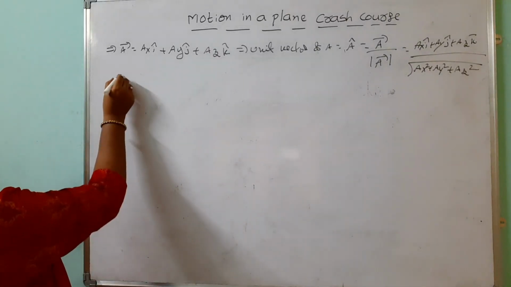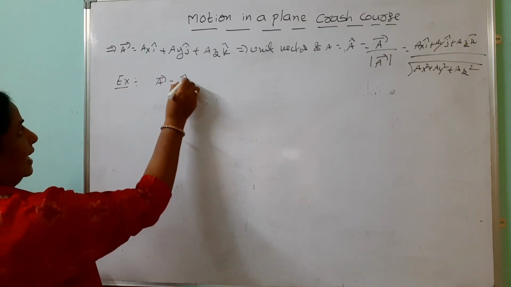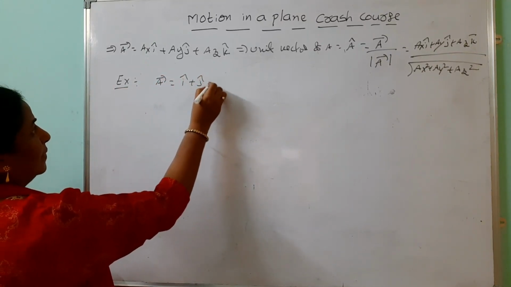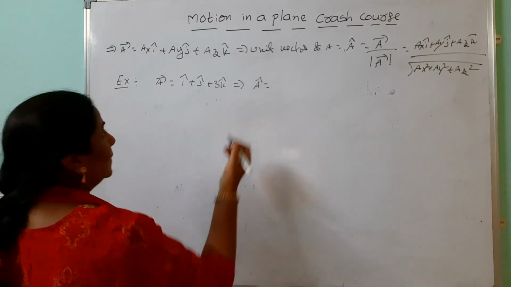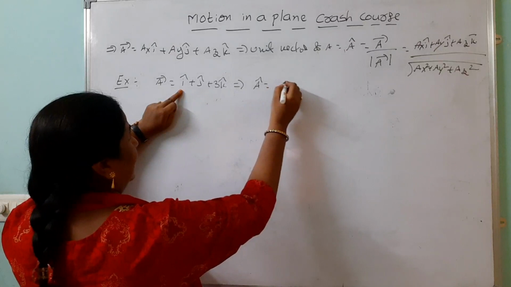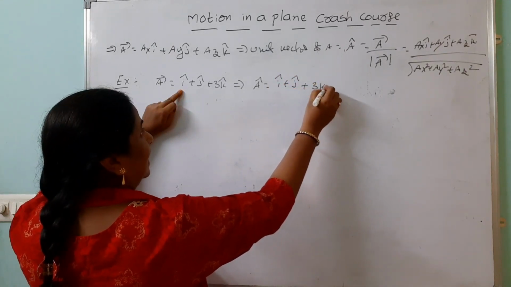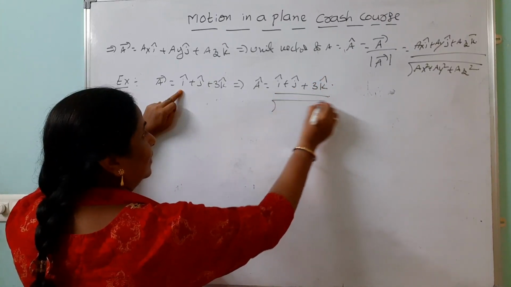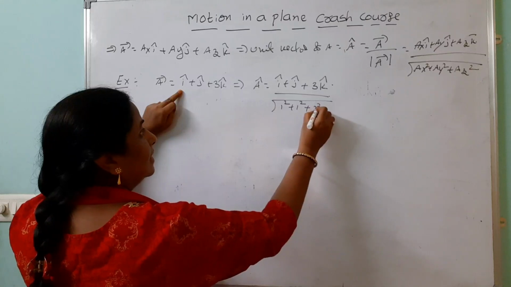We do one example also for this. Look, if a bar equals i cap plus j cap plus 3k cap, how to find out the unit vector of this one? The same thing you get in the numerator: i cap plus j cap plus 3k cap divided by under root of 1 square plus 1 square plus 3 square.